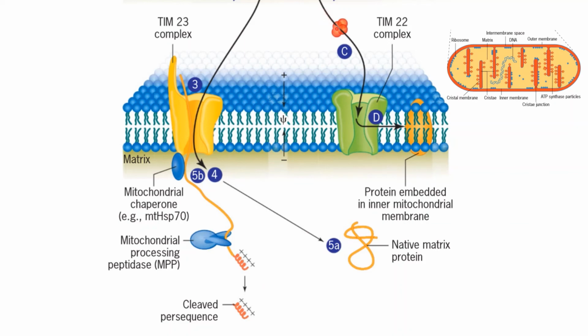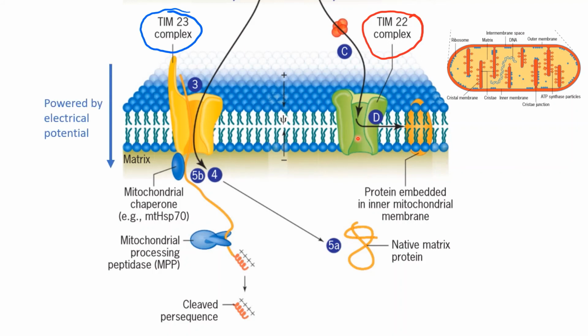But here on the right, we have the protein that's destined for the inner membrane. So here's another translocon, but this one is going to open laterally so that the protein will just move with the other phospholipids and proteins in the inner membrane of the mitochondrion.